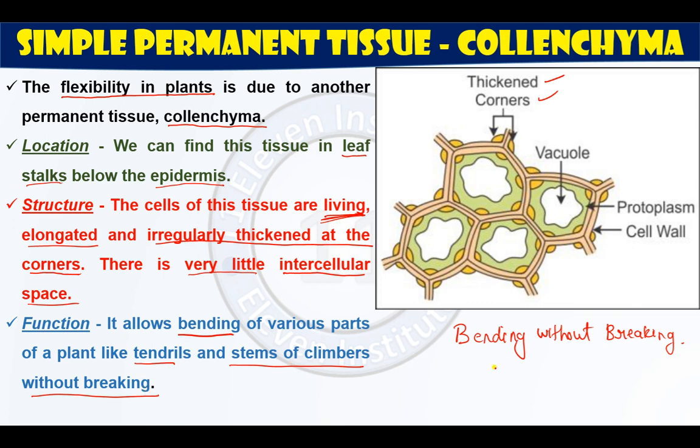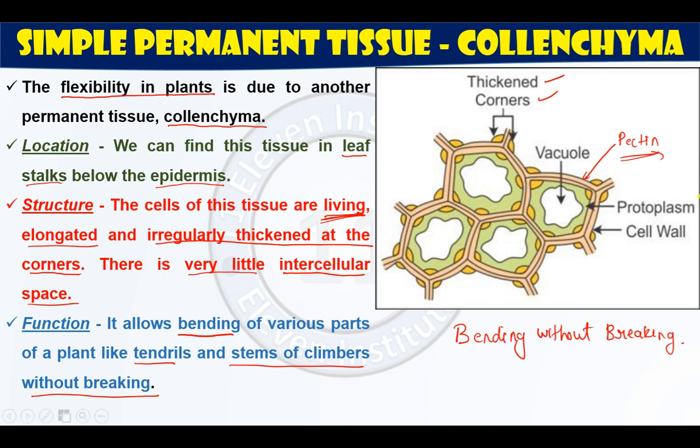In this textbook it is not given, but one thing I would like to mention for extra knowledge is that this cell wall is thick due to the presence of a substance known as pectin. Pectin is nothing but a type of carbohydrate. You need not go into detail about what pectin is, but just remember this word for other types of exams like Olympiad, and just for general knowledge, that there are pectin deposits in the cell wall of parenchyma.